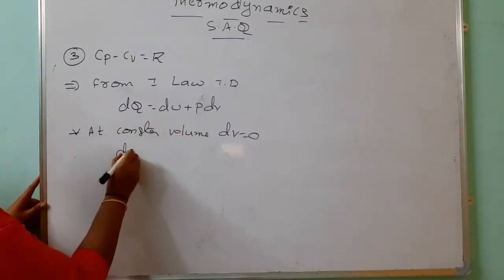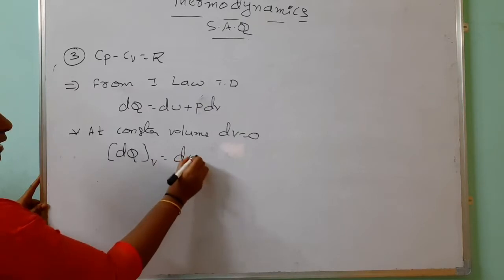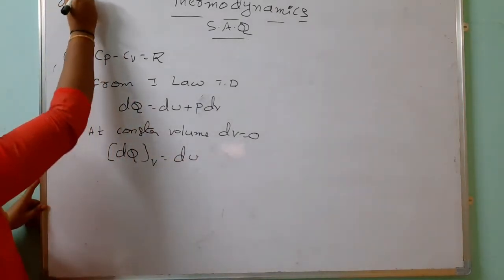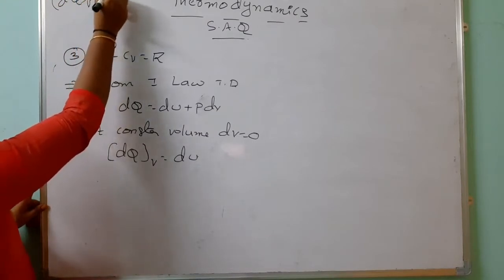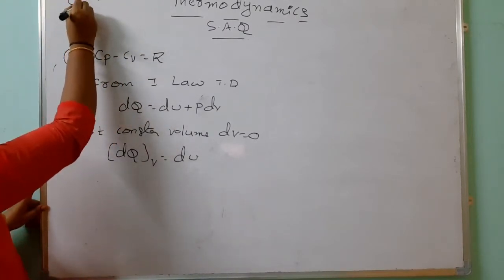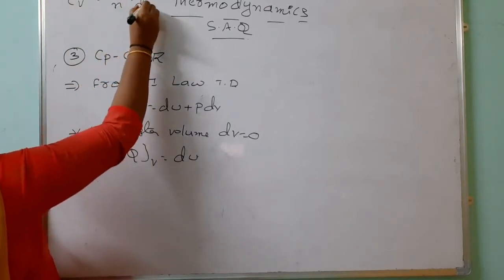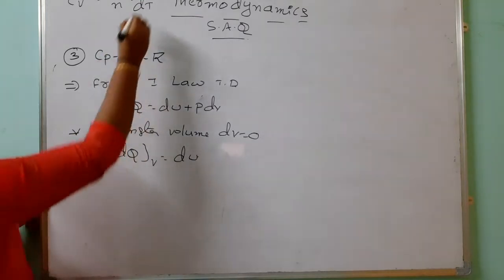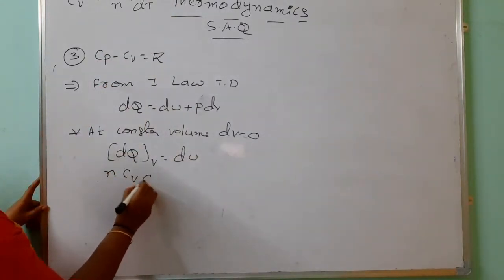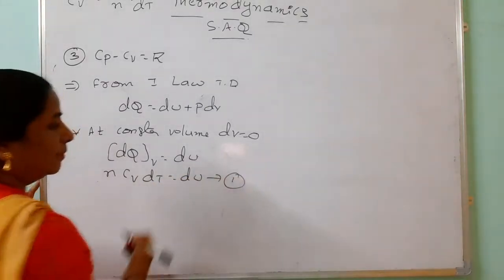So dq at constant volume we can write as du. But instead of dq, we know that Cv equals 1 by n into dq at constant volume by dt. From this, dqv equals n Cv dt, which is nothing but the internal energy. This is equation number 1.